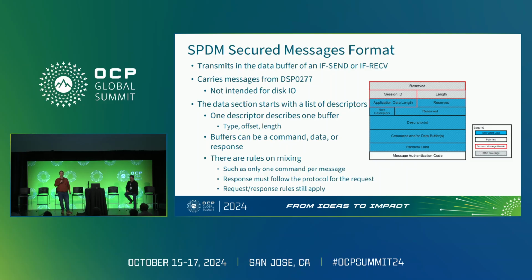So what we ended up coming up with was a descriptor format, which, again, is very common in the storage world. The buffer always starts off with a descriptor that tells you the contents of what you have in this buffer. And then that buffer can hold a secured message. What we mean by a secured message is a message that is encrypted and has a message authentication code to protect it.